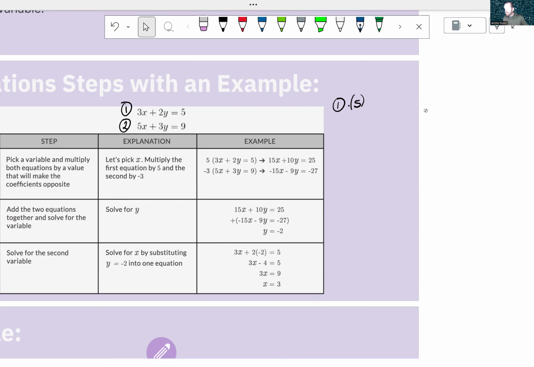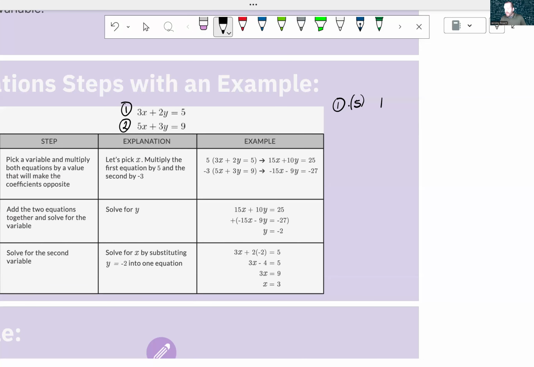So if we have the first equation, equation 1 times 5, that makes this 15x. That means we need to multiply this 5x by something so that it equals negative 15x. And if you read through the example here, you can see it says negative 3.